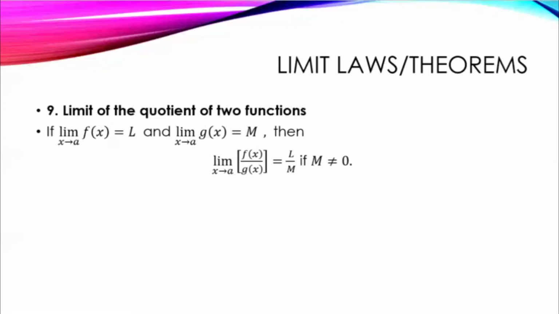Okay, we have this first example. The simplified function f of x is equal to x minus 1 over x plus 3. The first thing that we are going to consider is to determine if it is factorable or not.